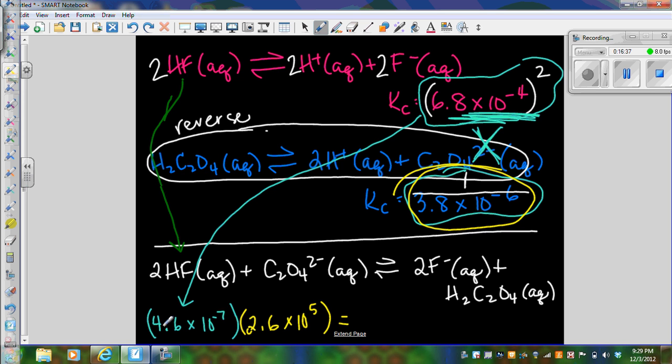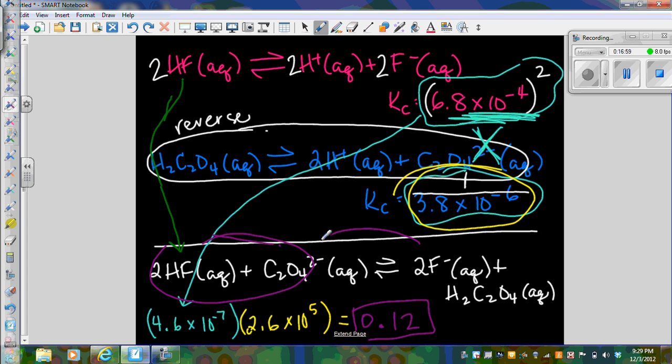And when I do, I'm going to have two significant figures. And so my answer is going to be 0.12, which tells me it is reactant favored. So it tells me that I have more reactants, or the equilibrium is shifted to the left.